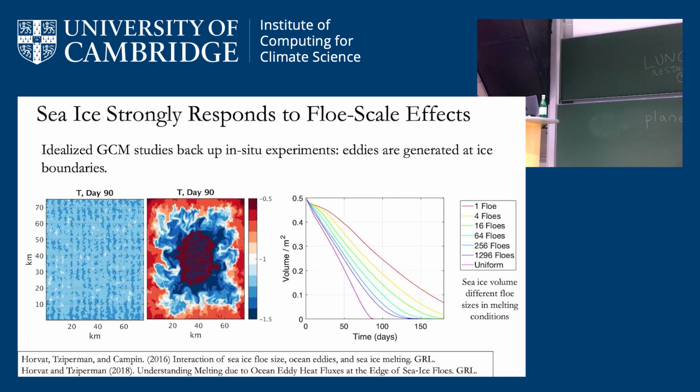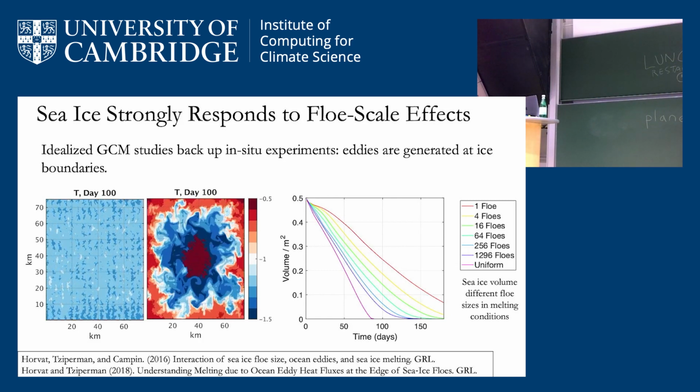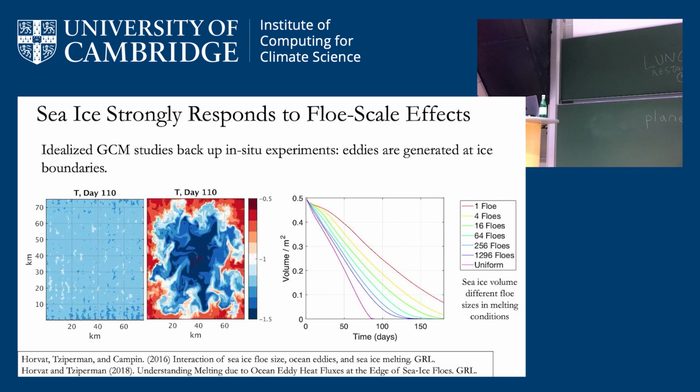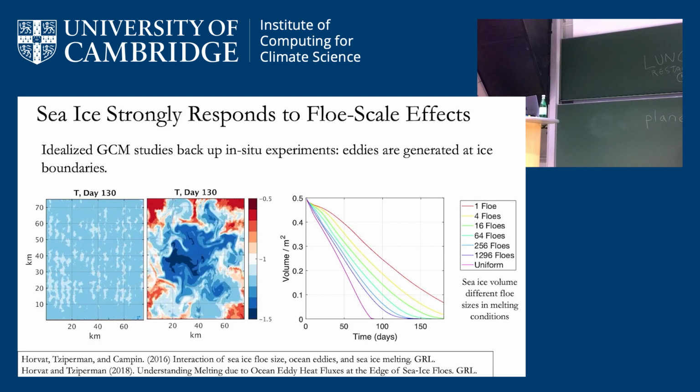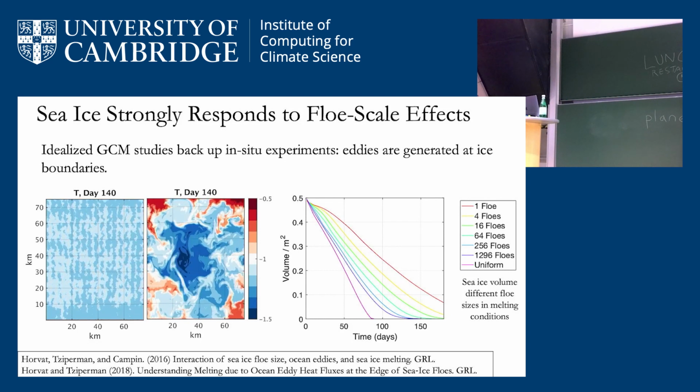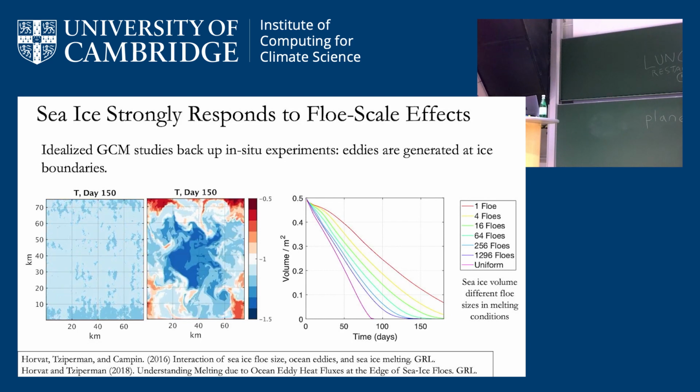To make this uniform requires basically smearing out the sea ice at constant volume across the entire surface. So each grid cell in this GCM has a concentration of 40%. There's always heat going in. Whereas for the one floe, there are areas of the center part of the floe that aren't getting heated because it's reflecting the sunlight. So everywhere you have uniform ice, you have constant heat forcing. It's not realistic.